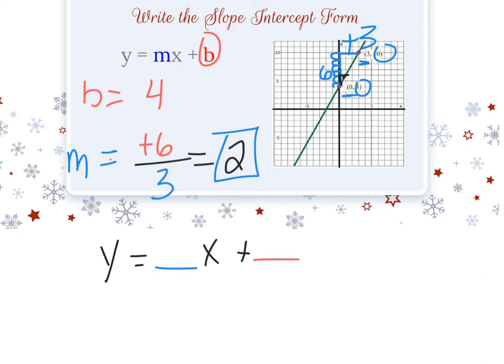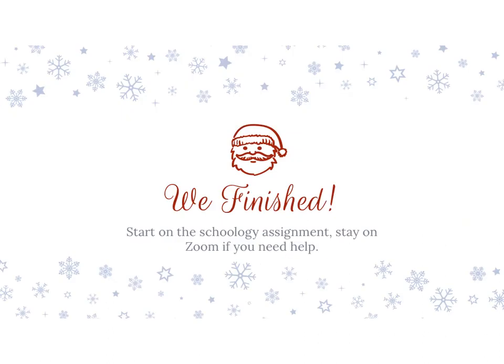So our m is 2, so y equals 2x plus 4. So if we look at this, let's see if that is correct. We start off at 4 for the y-intercept, and then we're going up 2 and over 1. Up 2, over 1, up 2, over 1. So that is correct when we match it up with our graph.